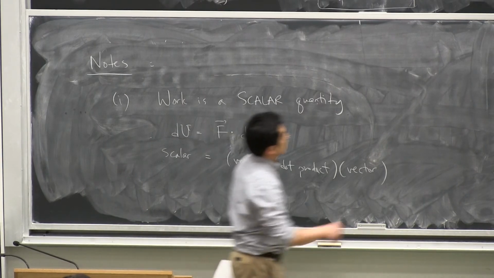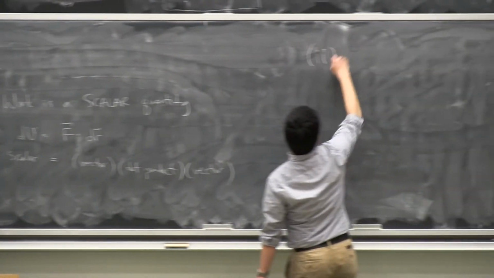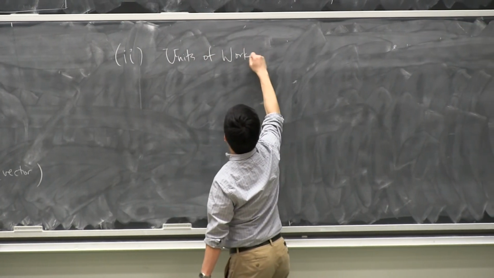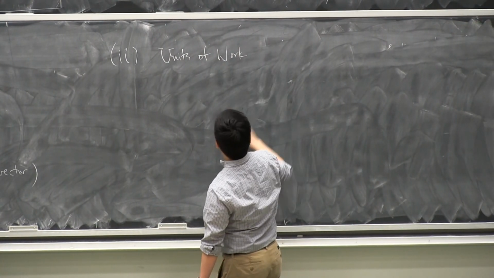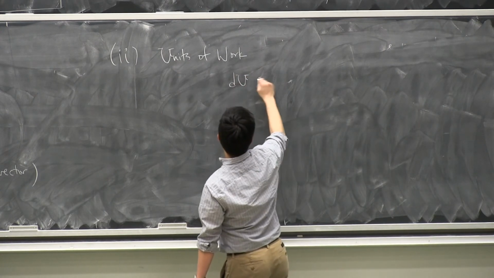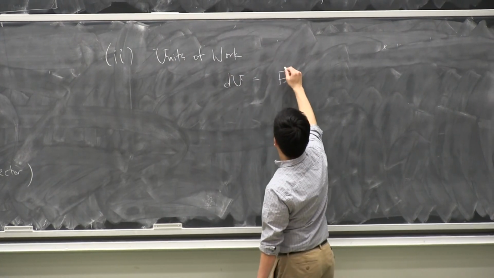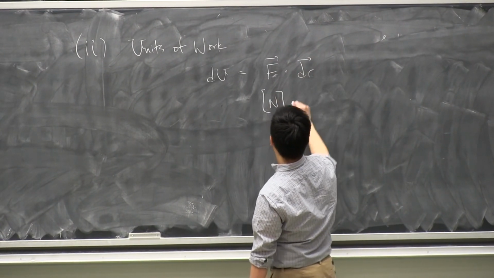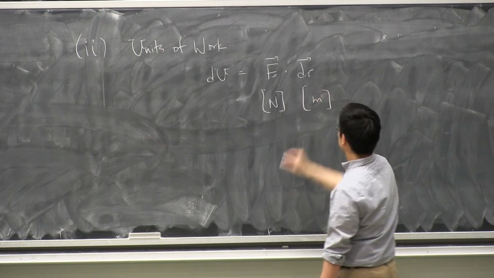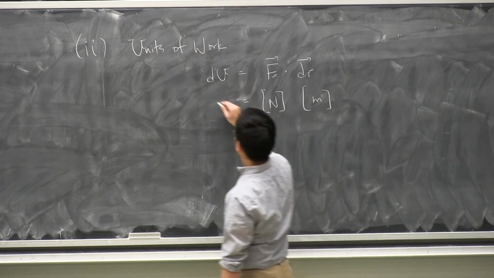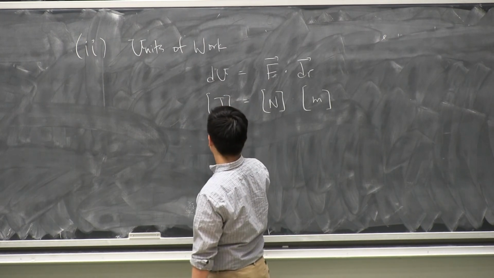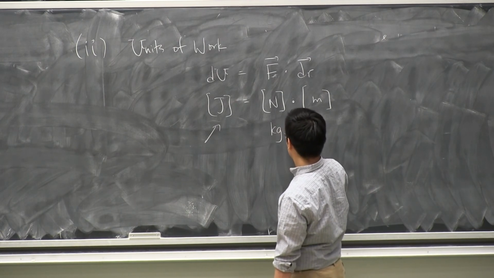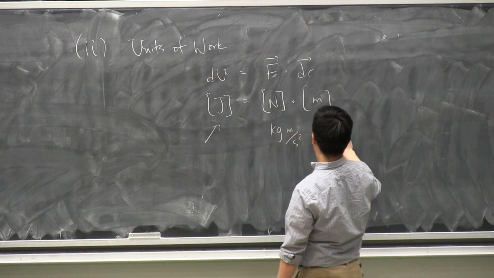The second thing is let's note what the units are. So the units of work must be like this. So du is equal to an F dot dr. So this is a Newton, and this is a meter. And so we call this joules. Okay, so another way of writing this would be kilogram meter per second squared times meter.